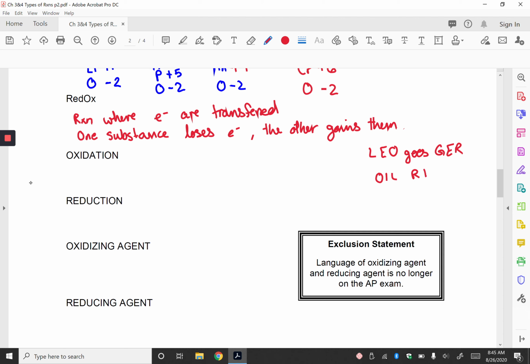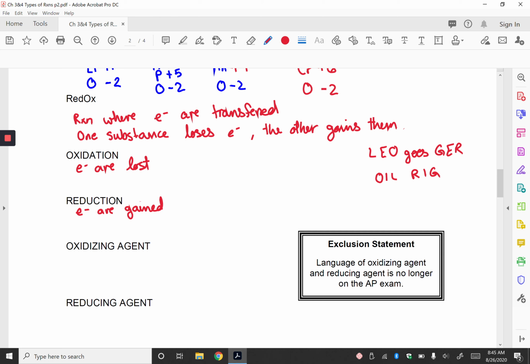This stands for oxidation is loss of electrons. Reduction is gain of electrons. So oxidation means that you are losing electrons. That's the LEO. Reduction means electrons are gained.